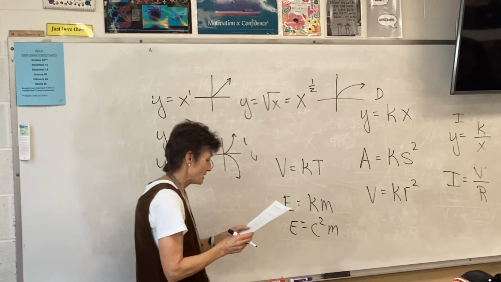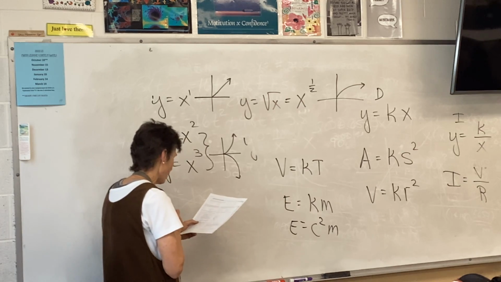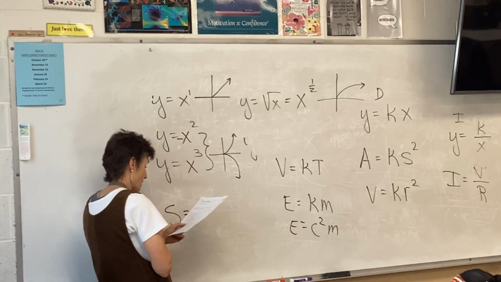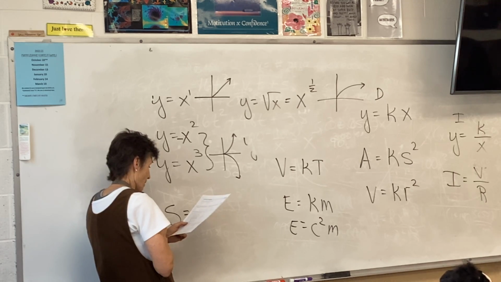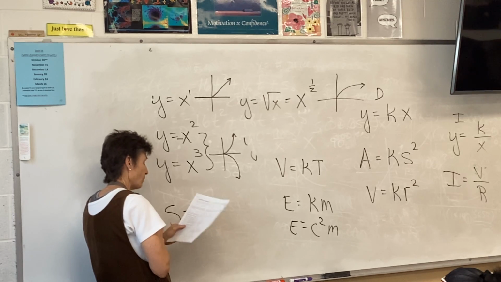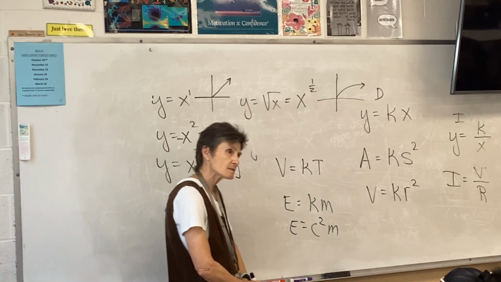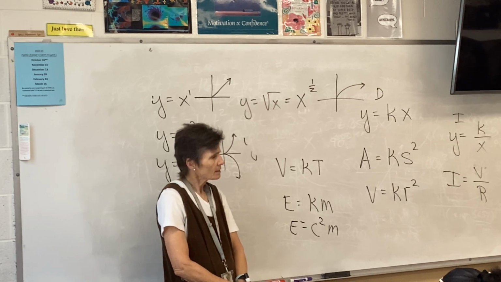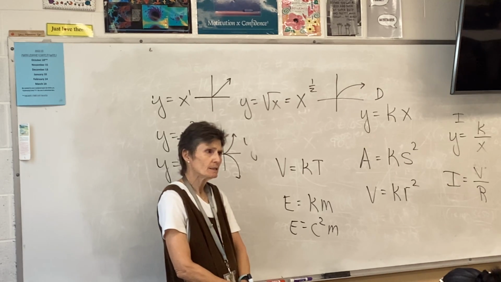Last one. The speed of a free-falling object varies as the square root. Okay, now wait, it just says varies. Do you think that means directly or inversely?